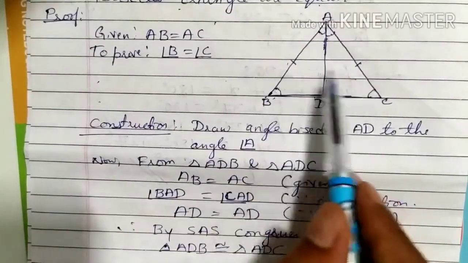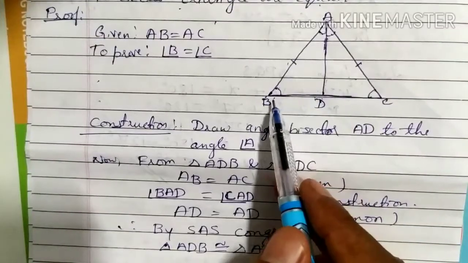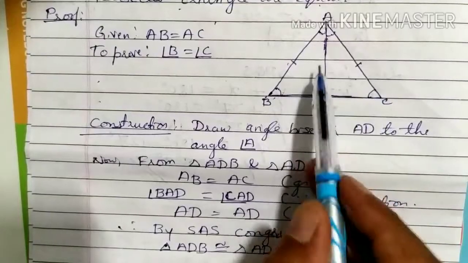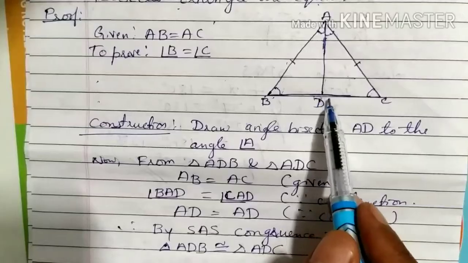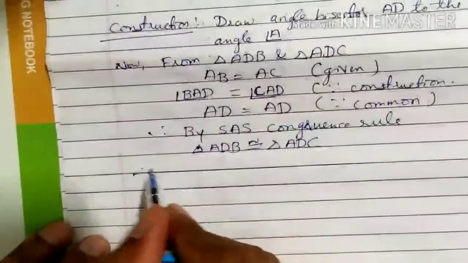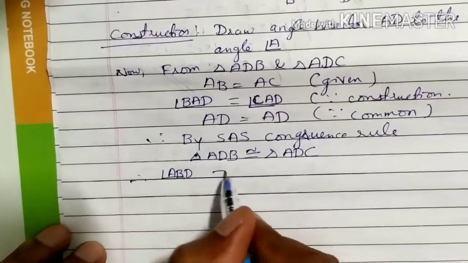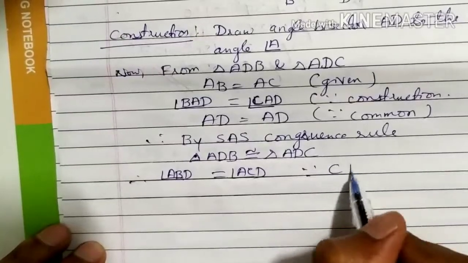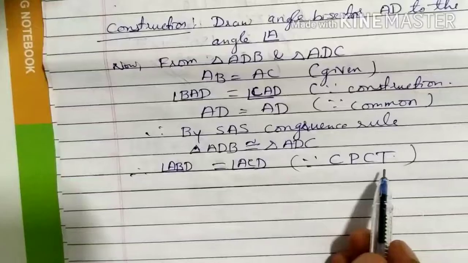So we can say that using CPCT, corresponding parts of congruent triangles, these two angles will be equal. Angle ABD must be equal to angle ACD, because of CPCT.